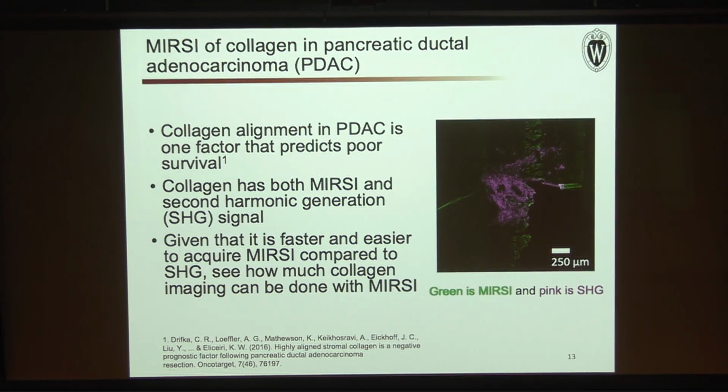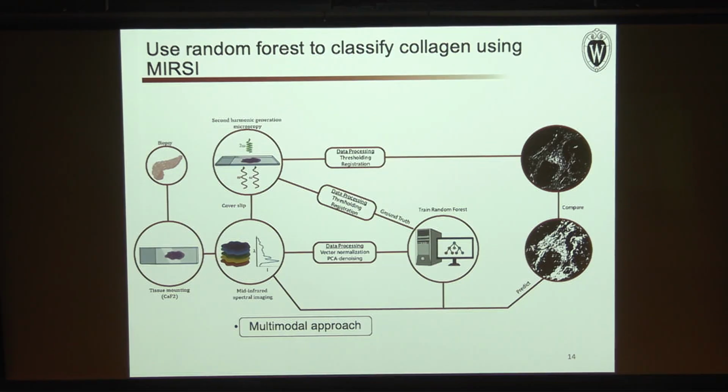We can scan a 650 by 650 field of view. So the approach that we are following is that we take the pancreatic tissue samples, we mount them on a calcium fluoride substrate. Why calcium fluoride? Because calcium fluoride is transparent to infrared light.